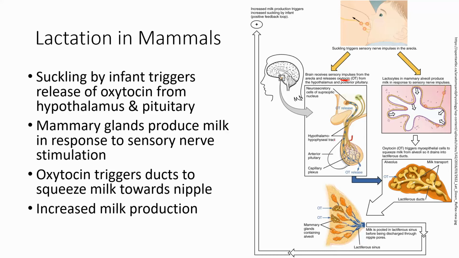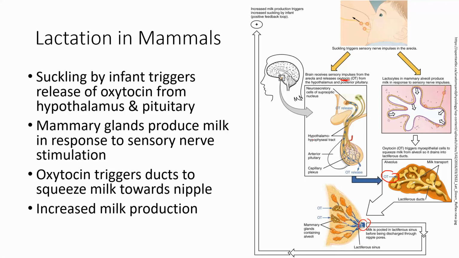So oxytocin is released. Oxytocin is going to stimulate lactation, so the lactiferous ducts, which make milk, are going to start producing more milk, which is going to get transported down all of these tubules until it reaches the nipple, where it is able to be discharged.